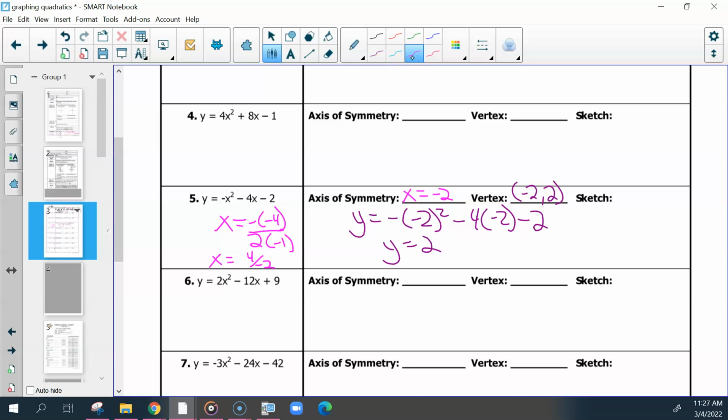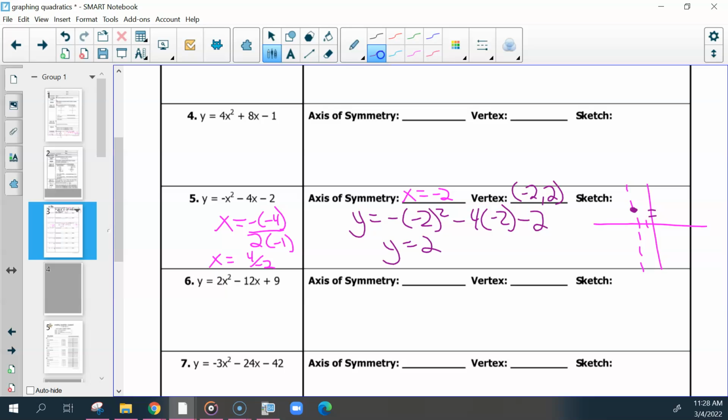And then we can draw a rough sketch of that. So x equals negative 2 would be a vertical line at that. That was not a very vertical line. And then our vertex would be at negative 2, 2. Your A value here is negative, so would this face up or down?